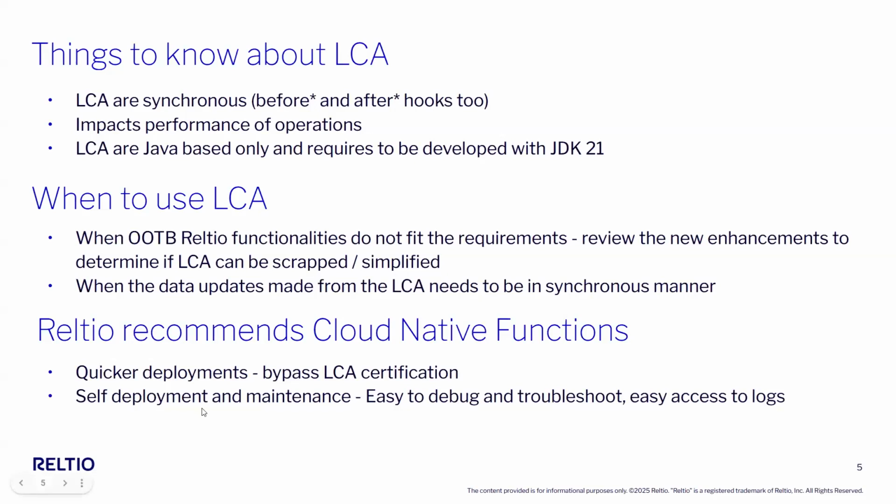And like I was explaining earlier, the whole reason that we want to move away from native functions is because we want to support you with quicker deployments. Once you deploy, if the LCA is not functioning appropriately or is throwing errors, then you need to look at logs. If it's a native LCA hosted on Reltio's platform, then you again need to create a support ticket.